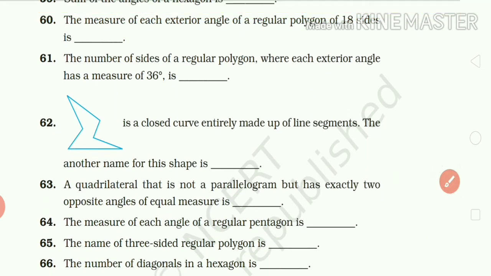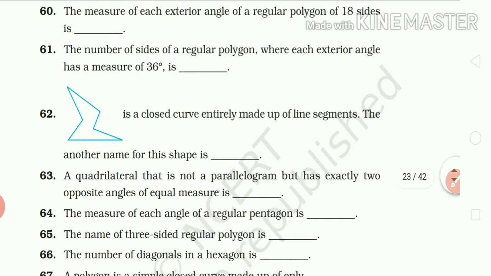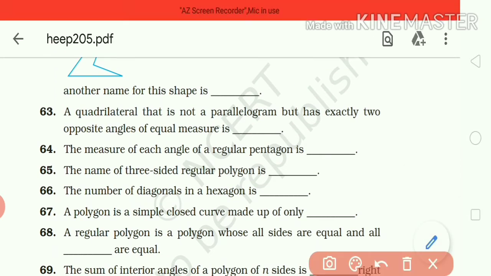So two names are there: irregular hexagon, and irregular means all the sides are not equal. Here it has 6 sides but all sides are not equal, so it is an irregular hexagon. And also you can write the name as a polygon because it is made up of straight lines, meaning it is a closed curve made by straight lines only.